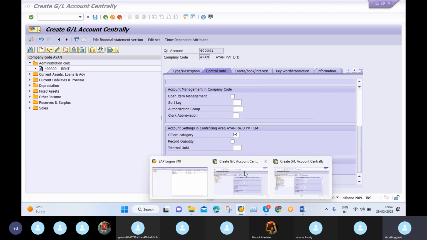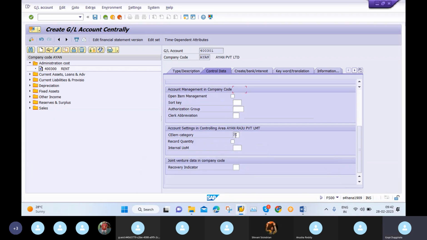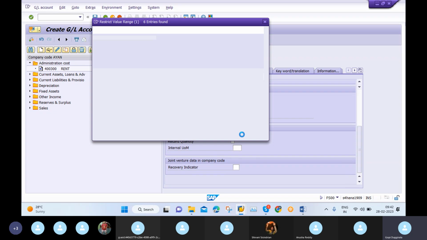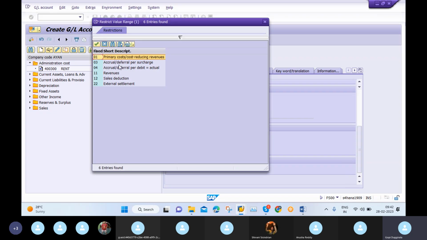So what do we mean by cost element category? Basically, we have two types of cost elements: one is primary cost element and the second is secondary cost element. If you observe this screen, these are the cost element categories, the primary cost element types. Cost element categories are nothing but cost element types.